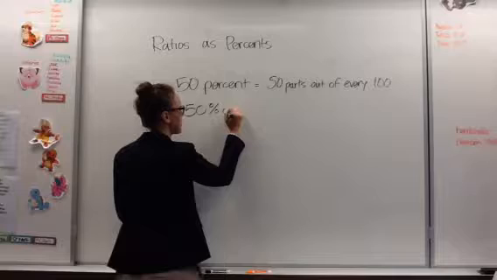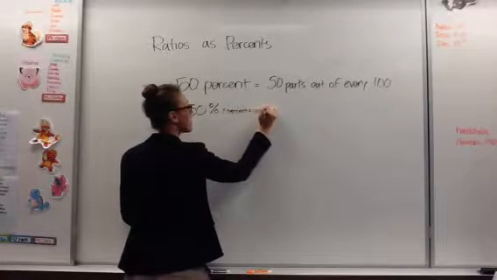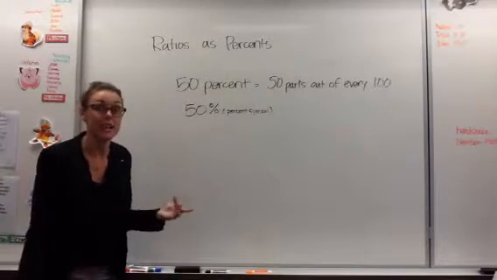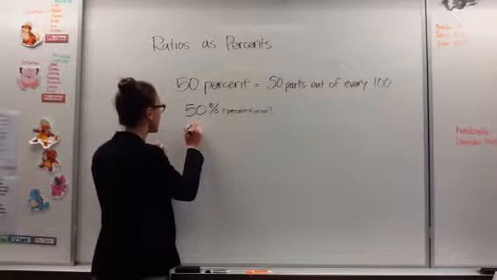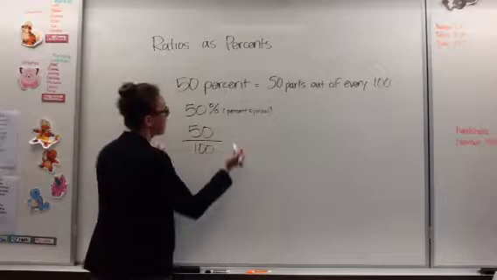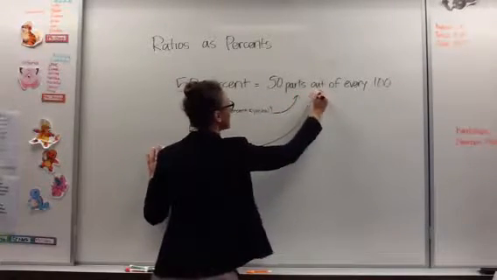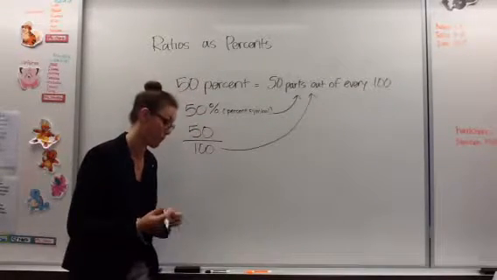Or, like I said, a percent is a fraction over 100, so you could write it 50 over 100. And both of these say the same thing as 50 parts out of every 100.